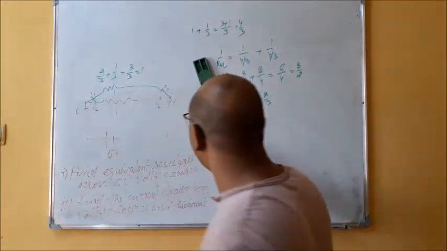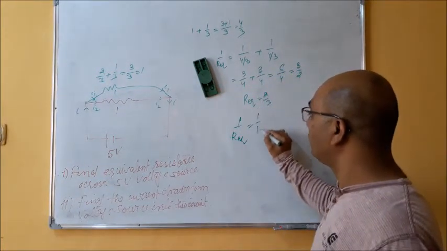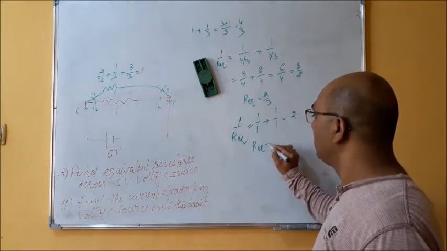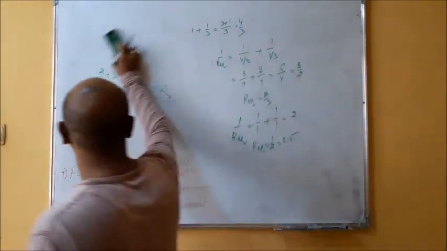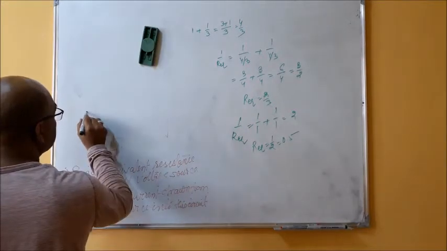And if they are in parallel, 1 upon R equivalent is 1 upon 1 plus 1 upon 1, which means 2. So R equivalent is 1 by 2, and hence finally I can do it like this.